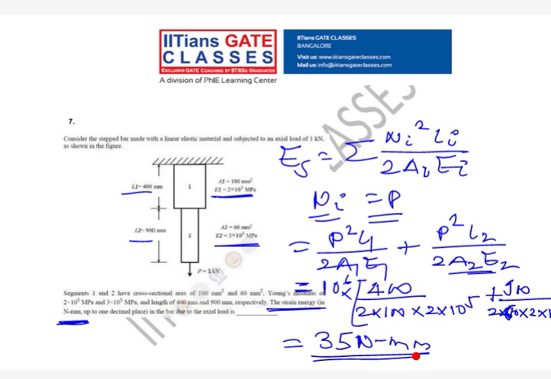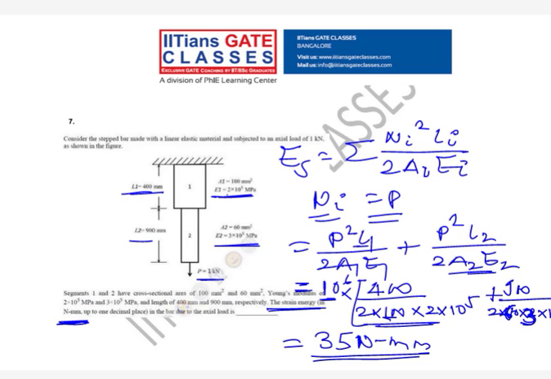Now you guys can see what I did. I substituted everything. What is my load? It is 1 kilonewton, so it is 10 to the power 3 Newton. I have taken P square outside, so it is 10 to the power 6. Now what is the length L1? 400. What is the area? 100. E1 is 2 into this. Now E2 is 3, so it is 3 here, not 2.